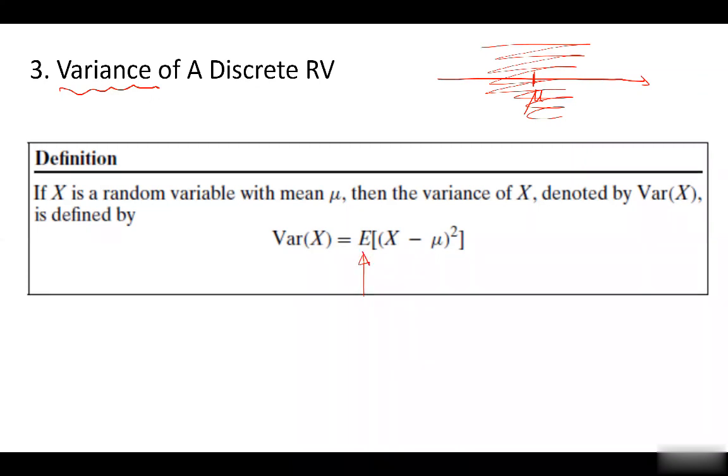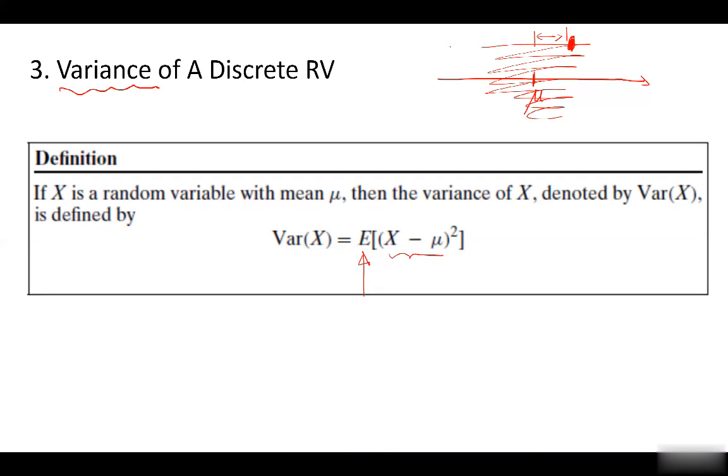An expected value of the difference between X, suppose this is X, a number from many numbers, and its mean.